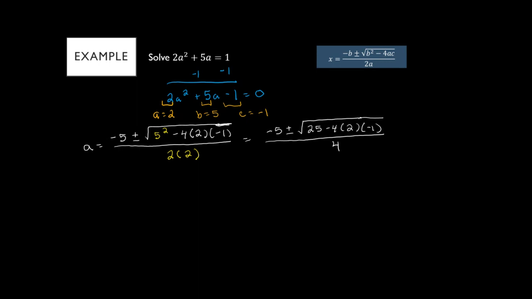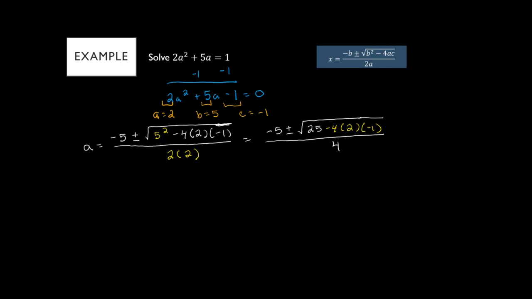So next under the square root, we're going to do this multiplication. We've got -4 times 2 times -1, or you can think of it as subtracting 4 times 2 times -1. But just like on the previous example, these two negative signs are going to give us a positive.